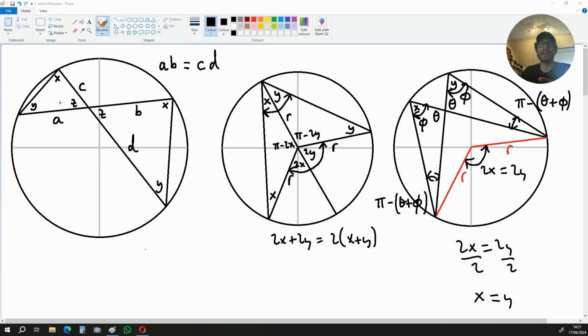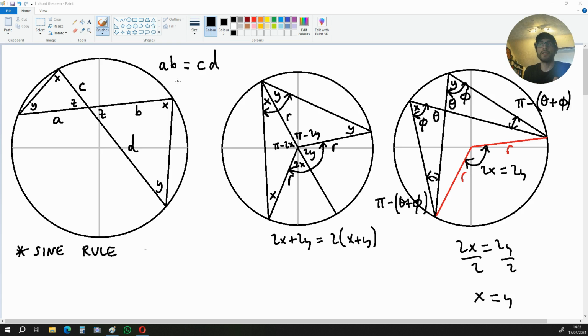So I've put some angles in these two triangles over here. It turns out if this angle up here is x, then this angle over here also has to be x because of our proof to the right. If this angle here is y, then this angle down here also has to be y. And these two angles here are opposite angles. That's why if this angle here is z, then this also has to be z.